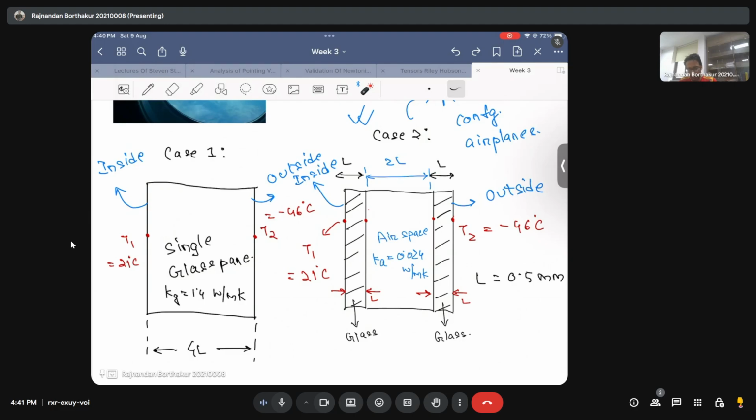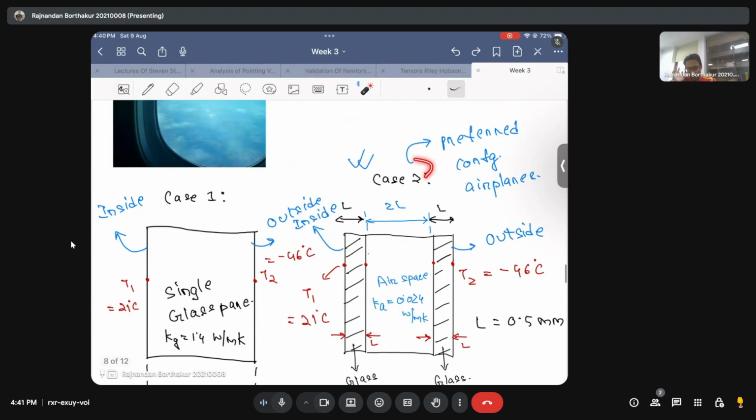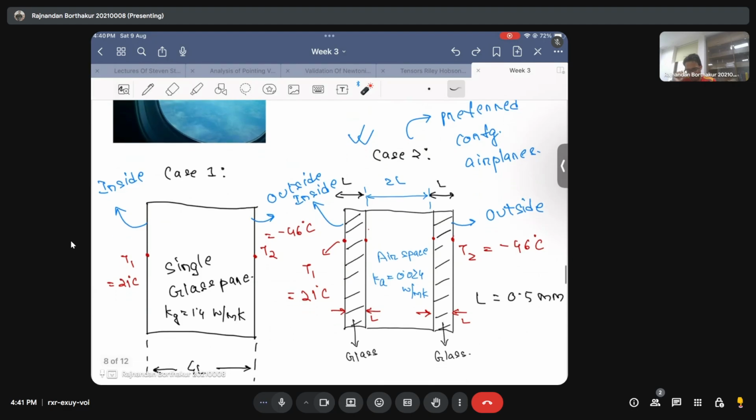However, you can do the same analysis by choosing some Hi and H0, which is the heat transfer coefficient for an inner space, and the heat transfer coefficient of the ambient surrounding, and you will end up getting the same qualitative argument as to why this configuration is desirable. Okay, you can try this out. You can pick appropriate values and try this out at your end. You will again see that this case is the only desirable one. Okay, it's just an extension of that.